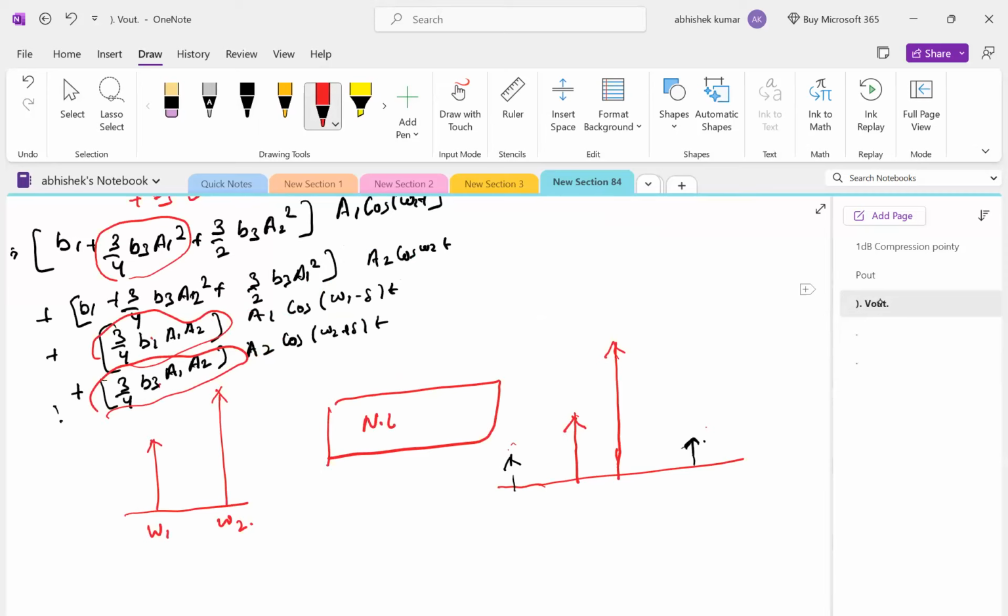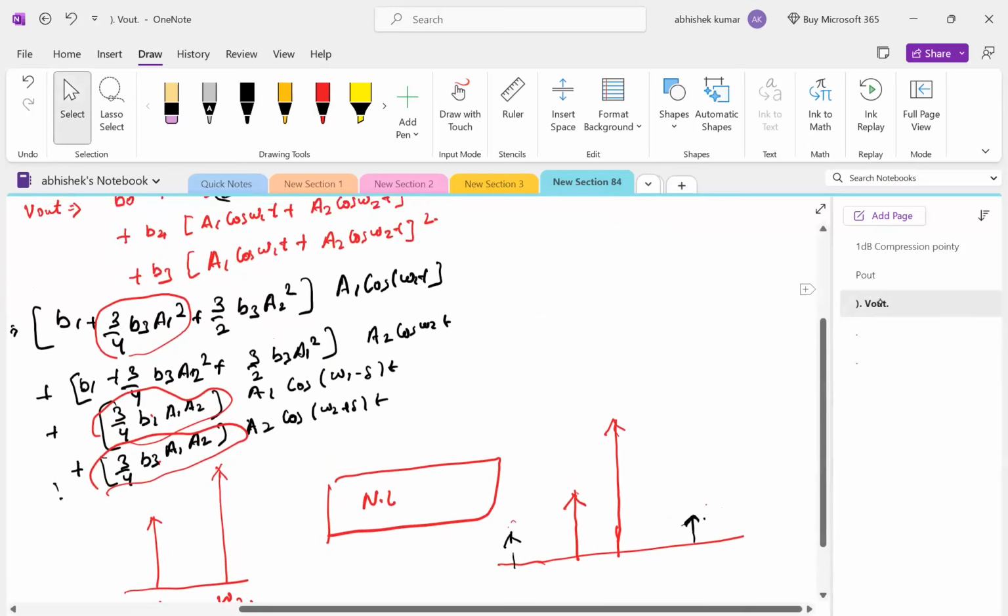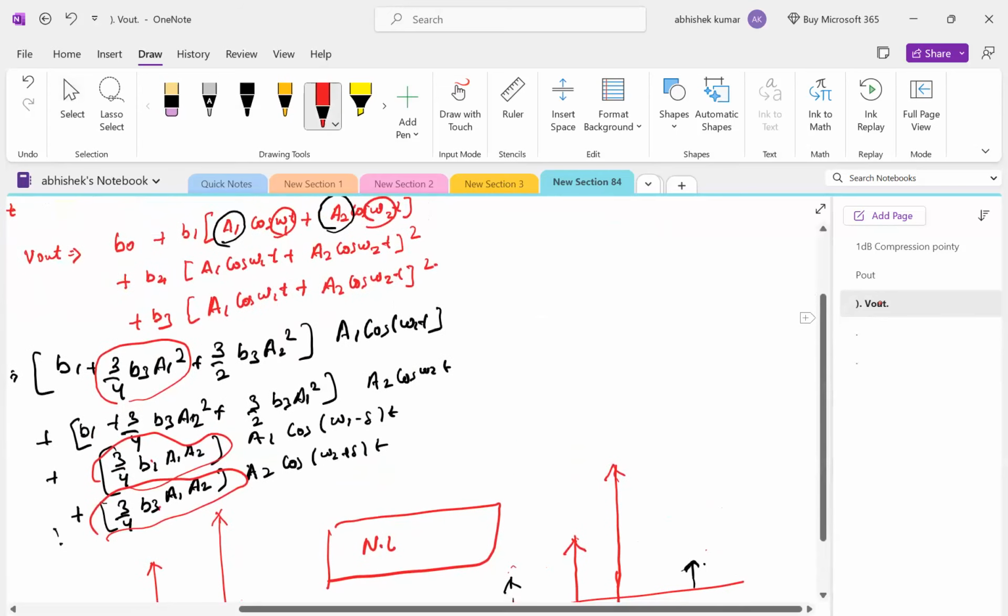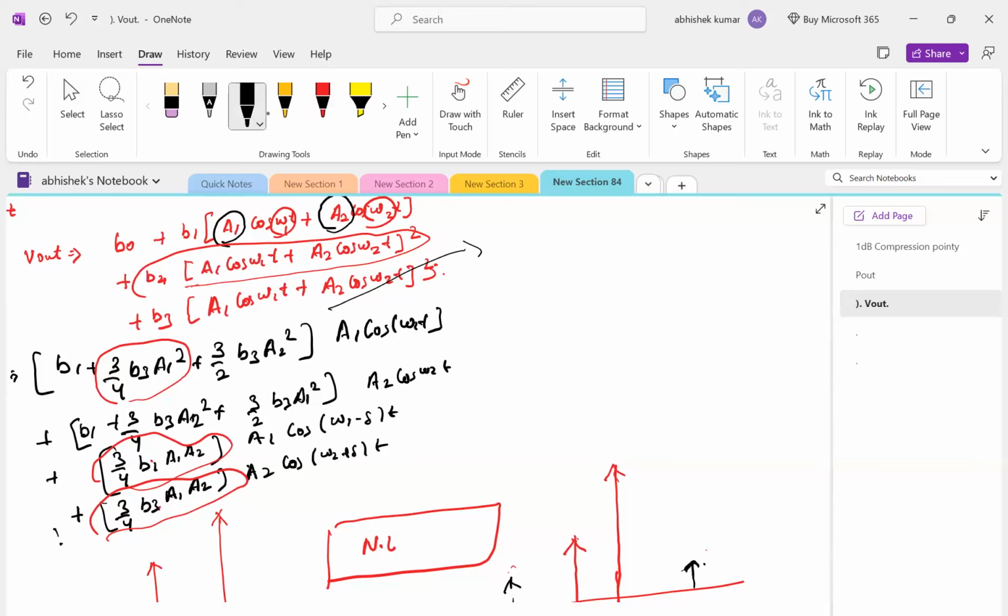when B1 and A1 and A2 are equal, we get our P output. In our nonlinear system we are neglecting the odd harmonics, which cancel with each other.